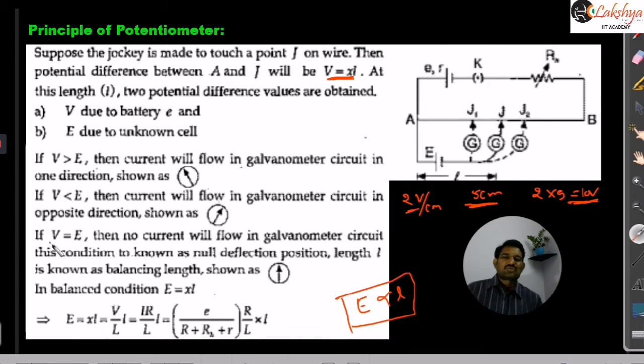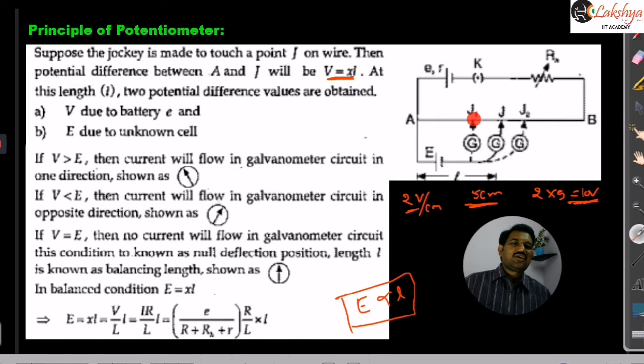If V is equal to E, then no current flows through the galvanometer. That is nothing but our balancing length or the balancing point. We also call it null deflection or null method. Null means zero. So when the contact is made at J, no current flows through it.